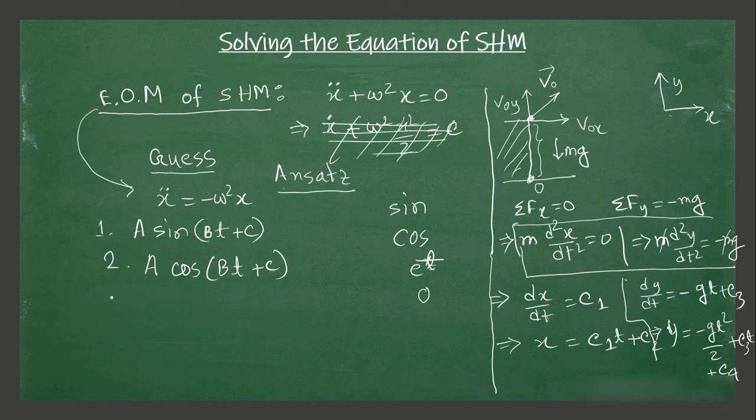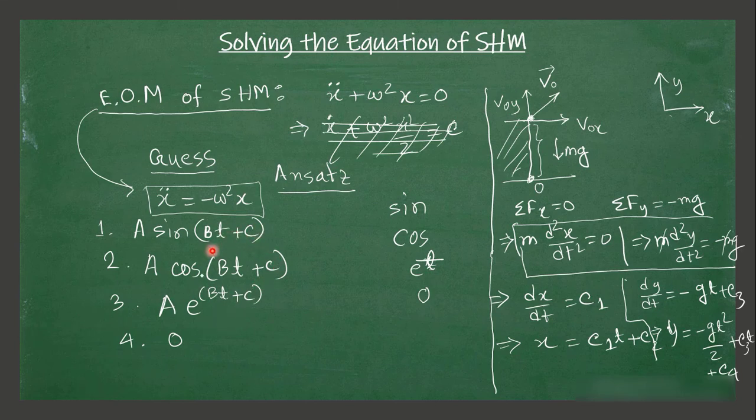And a more general exponential function, which is a solution of this equation of motion, we can write as a constant a times e to the power some constant b times t plus another constant c. And the fourth one is actually 0, okay?